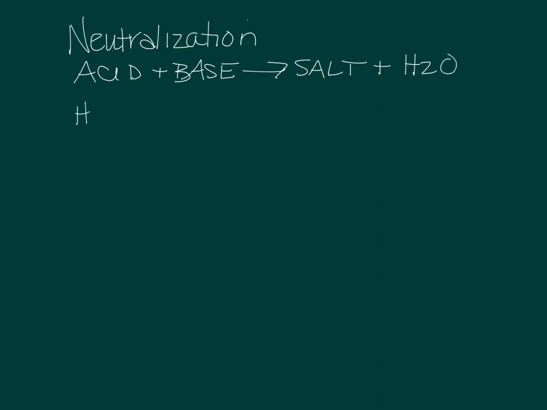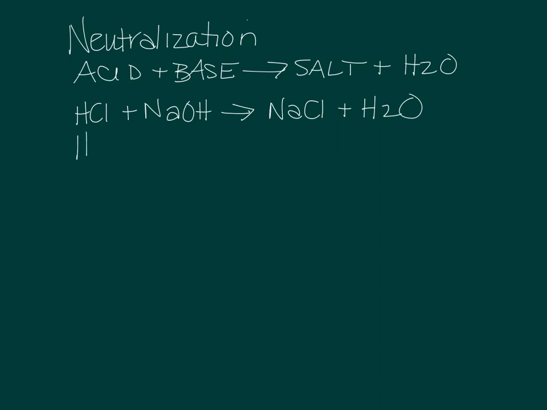For example, HCl plus NaOH, we just did this in the solution chemistry lab, is going to form NaCl and H2O. This is a double replacement reaction because I have two compounds, HCl and NaOH, and they switched partners. The H hooked up with the OH to form HOH, which is water, and the Na hooked up with the Cl to form sodium chloride, salt.